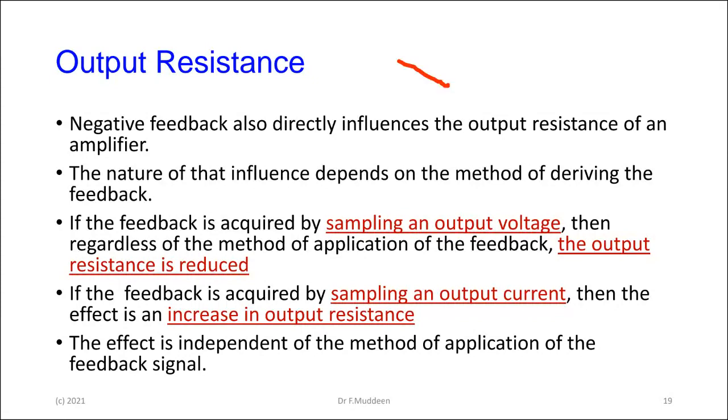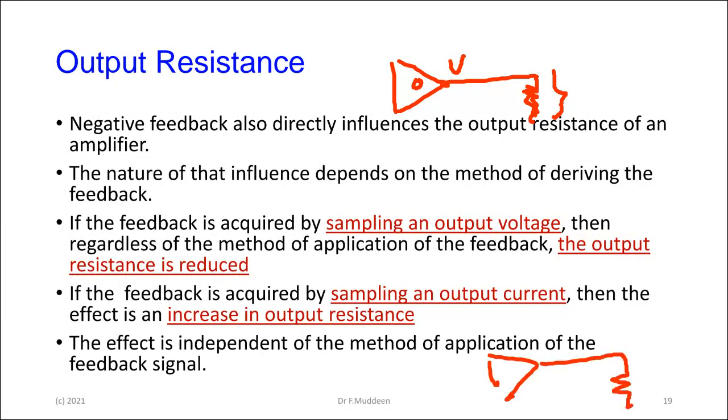If you have an amplifier and you're supplying voltage, you want as low an output resistance as possible, so that most of the voltage appears across the load. If you're supplying current, and this is the load, then you want the output impedance of the amplifier to be high, so that most of the current goes out instead of staying inside the amplifier.